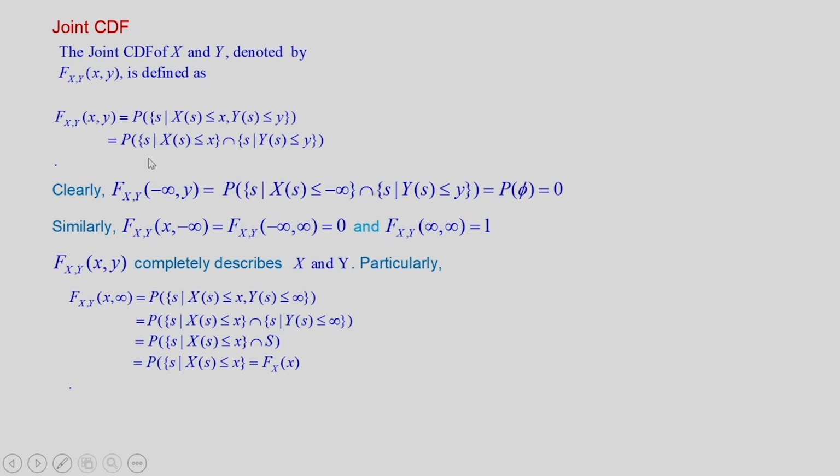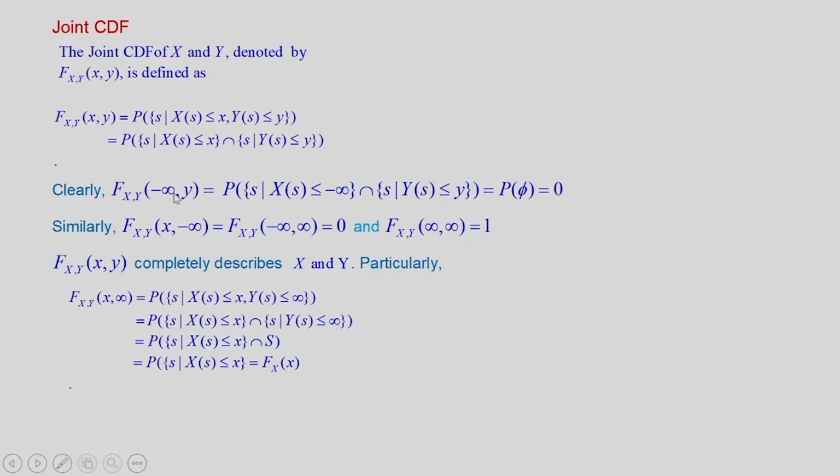Now, if we see F_XY at minus infinity, y, that is the intersection of the event s such that X(s) is less than or equal to minus infinity and s such that Y(s) is less than or equal to y. And since this part is phi, this intersection will be equal to phi and therefore the corresponding probability will be equal to 0. So, joint CDF at minus infinity, y is equal to 0.